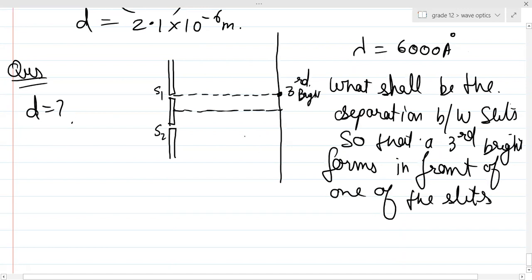Understood? I'll begin with this. Let's say the distance between the two slits is d, and the rest you people will think. So this question is homework for you. The answer I'll give you: the answer is 6 millimeters.